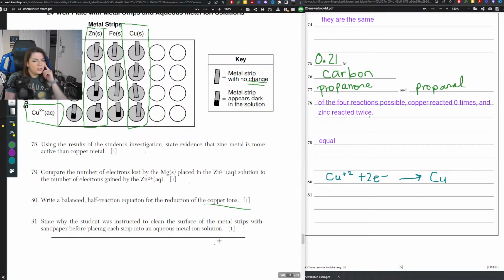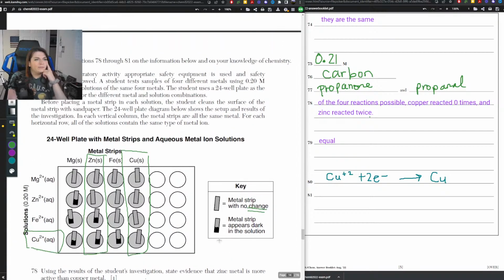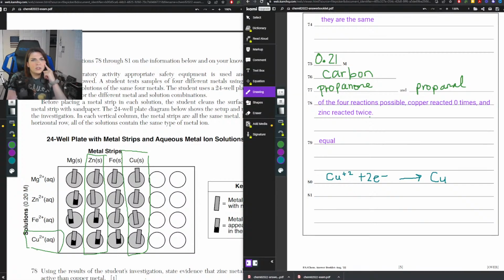State why the student was instructed to clean the surface of the metal strips with sandpaper before placing each strip into an aqueous solution of the metal ion. They didn't say. I said it was to reduce oxidation. I'm curious what their correct answer is.